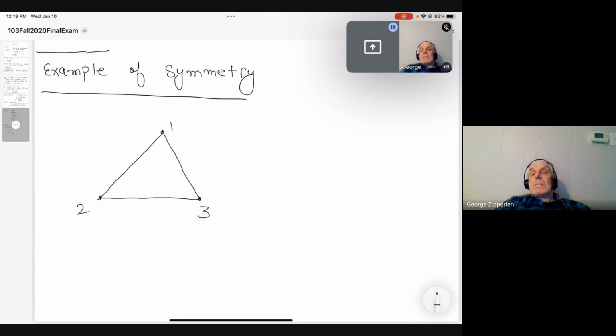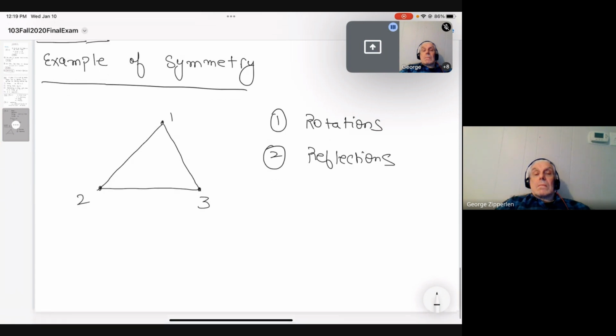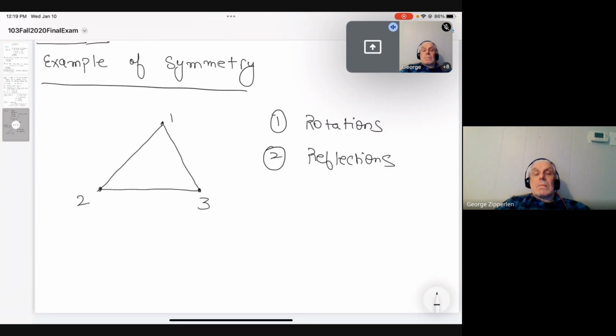So one thing that obviously comes to mind is rotations. Right? We can rotate our triangle. And also another thing that we can do is we can reflect. So you can keep, say, one vertex fixed and then reflect the other two vertices. Right? Those are the only things that we can do to keep this figure.